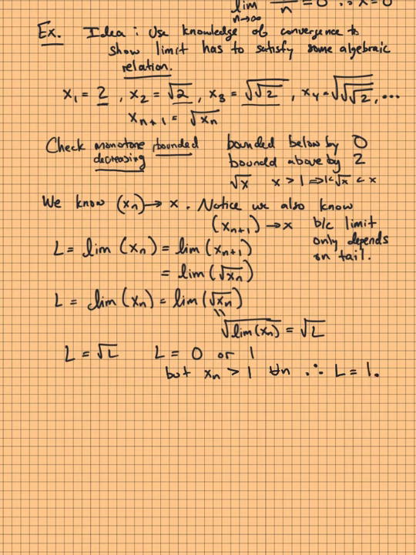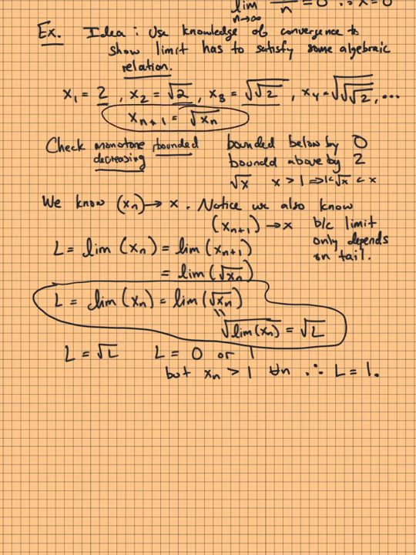Okay, so this kind of behavior, or this argument, happens a lot when you're doing sequences that are defined inductively. So what usually happens is that you end up with some algebraic criterion which the limits have to satisfy, and it comes from the algebraic criterion that the sequences satisfy.